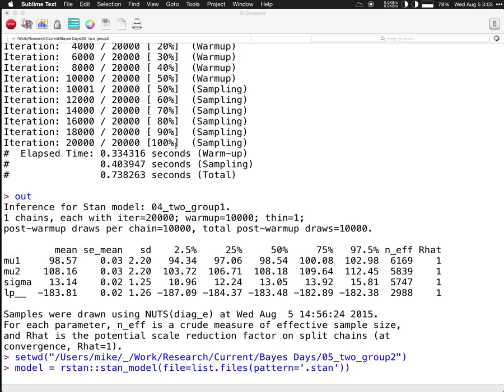Here, we're going to have a 95% credible interval on the difference, and if 0 isn't in that 95% credible interval, it's unreasonable to believe 0, and so it's reasonable to believe values that are non-zero.